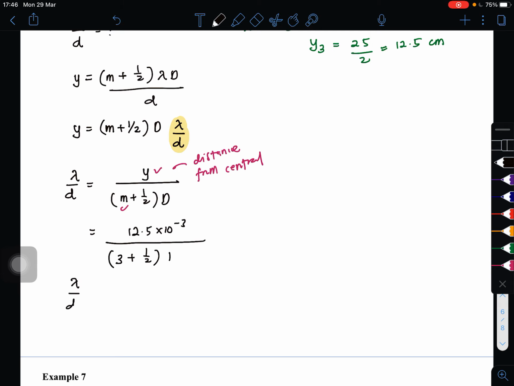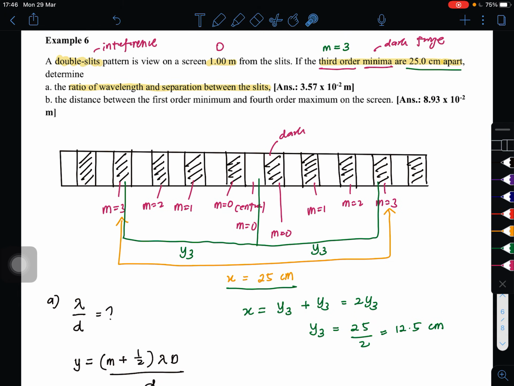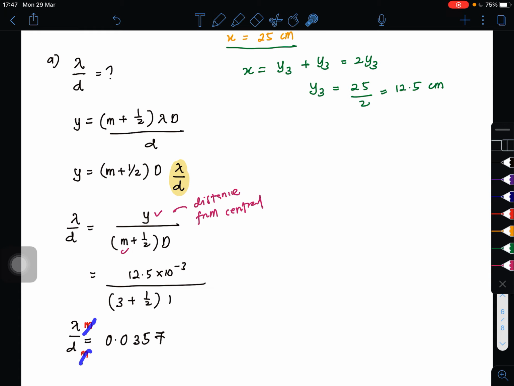So lambda over d will be equal to 0.0357. So since dia adalah ratio, so ratio tiada unit, do we have unit? I don't think we have unit for ratio because lambda adalah in meter and distance pun in meter, so we don't have unit. Okay, dekat sini dia bagi unit kan, which is in meter, but ratio we don't have unit because dia akan cancel each other. Okay, so that's for the first one.